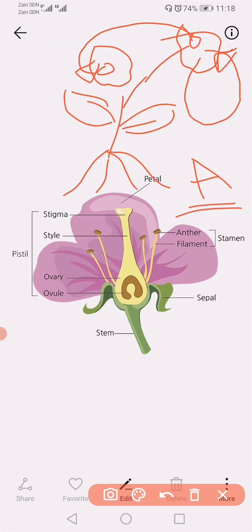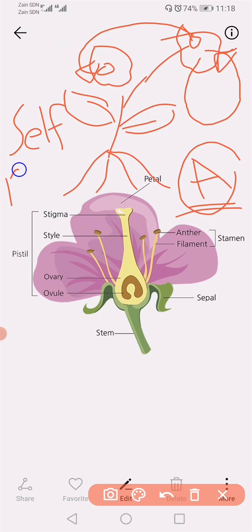That means it has both the male part and the female part. So this type of pollination, where the pollen grain is transferred from the anther on this flower to the stigma of another flower on the same plant, is called self-pollination. This is called what? Self-pollination.